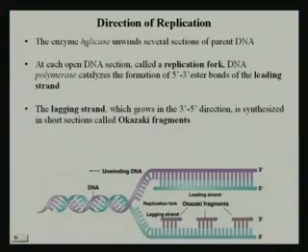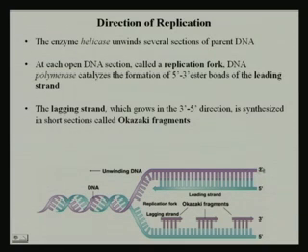The enzyme helicase unwinds several sections of the parent DNA at each open DNA section called the replication fork. So, here this is the open form, that is the replication fork, where DNA polymerase catalyzes the formation of 5 prime to 3 prime ester bond of the leading strand. So, here this parental strand got opened.